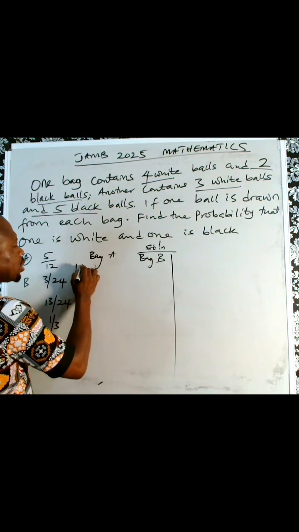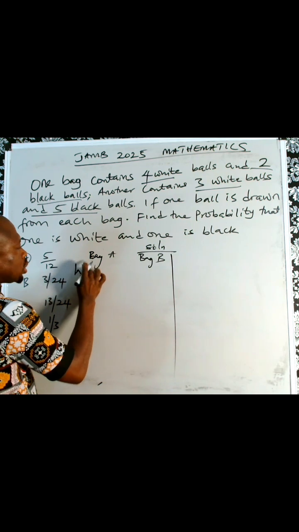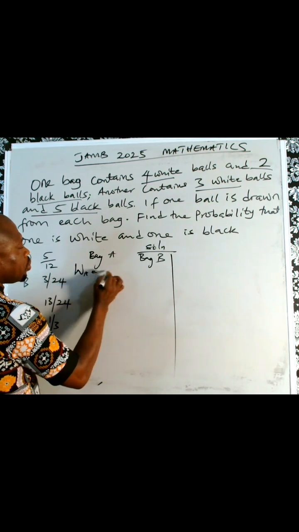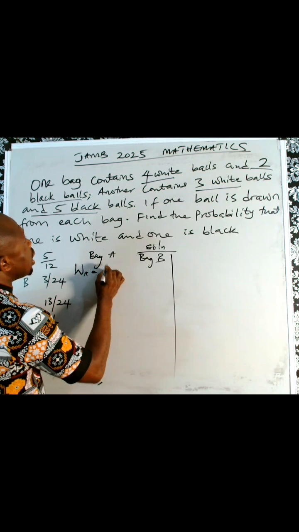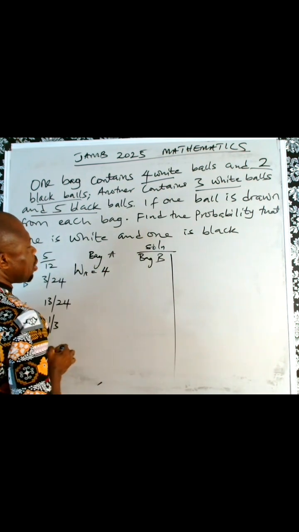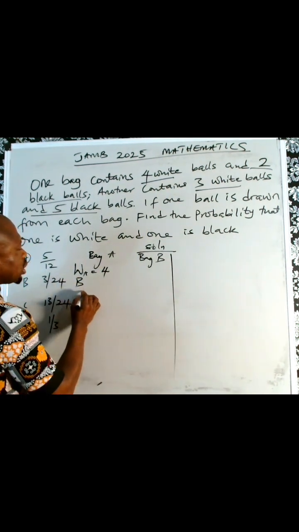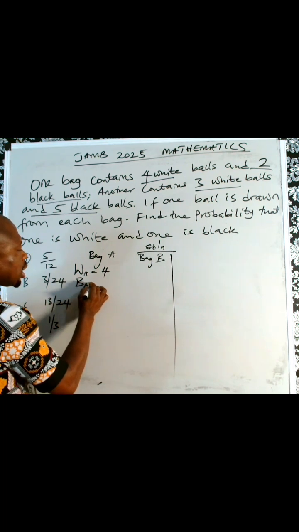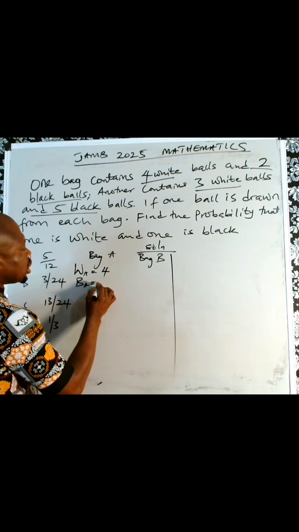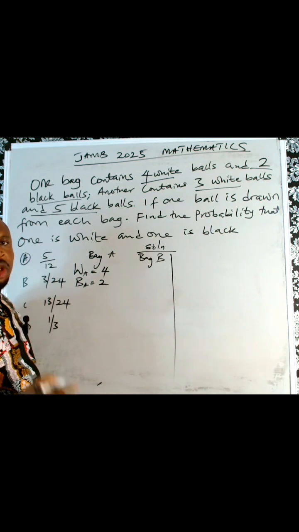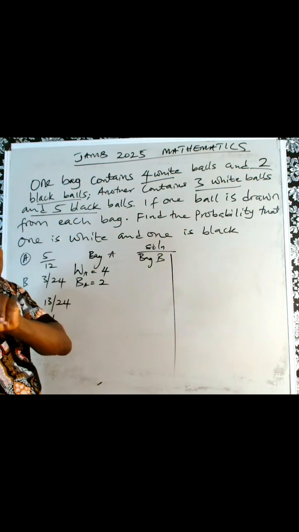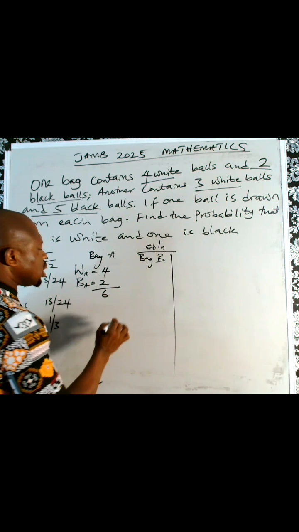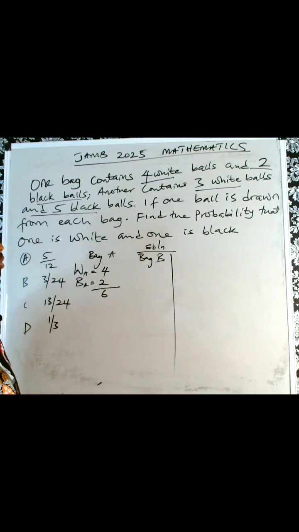The white balls in bag A are 4 in number, while the black ones in the same bag A are 2. Altogether, 6 balls are contained in bag A.